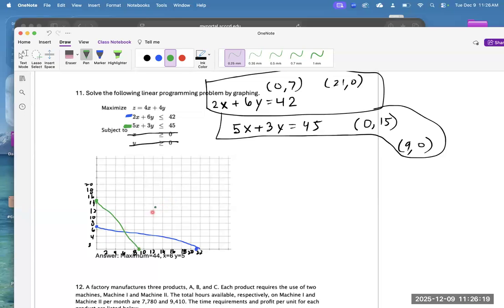Now I need to remember that both of these are inequalities and not just lines. So we can plug 0, 0 into both of them to see if they make the equations true.